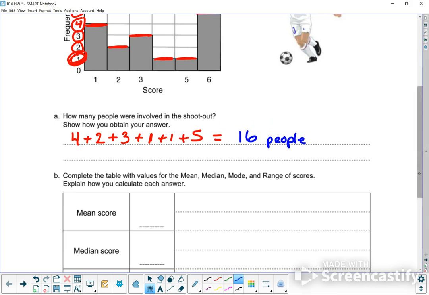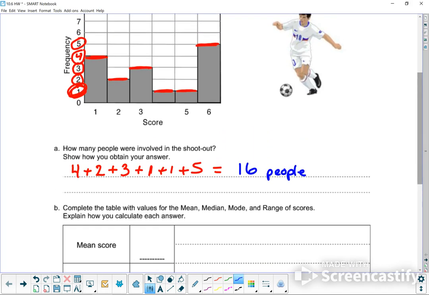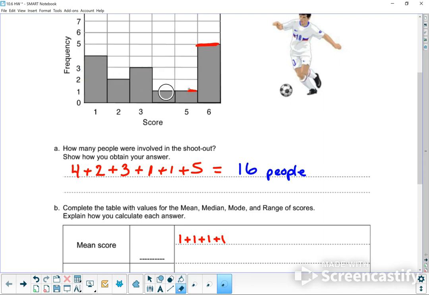So what numbers? Well, there's 1, but there's 4 of those. So 1 plus 1 plus 1 plus 1, right? Because again, here, let me redo this. There's 4 people that have a score of 1.